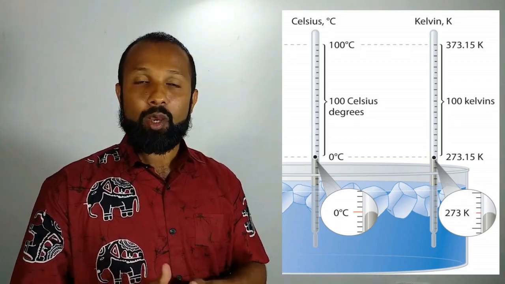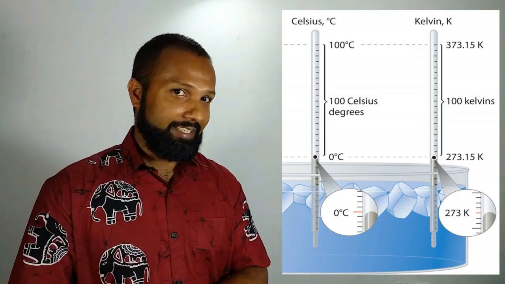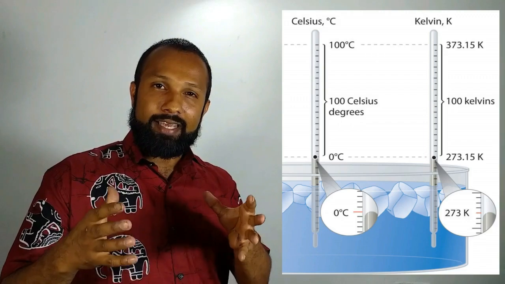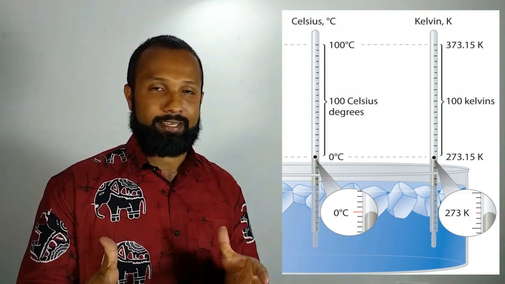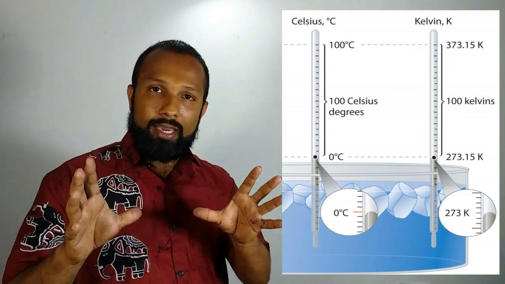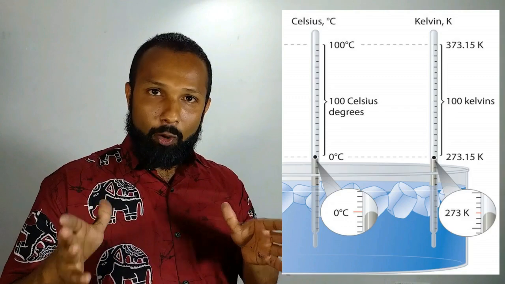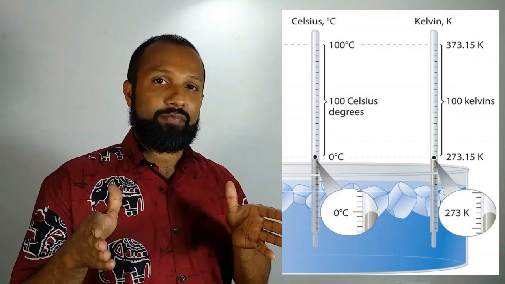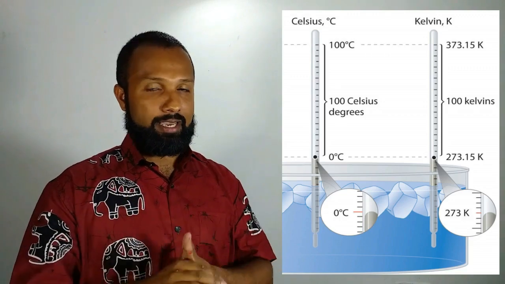As we learned earlier, temperature is the mean kinetic energy of the particles that an object contains. So, when the kinetic energy of particles of an object becomes zero, the temperature of that object should be zero according to the Kelvin scale.